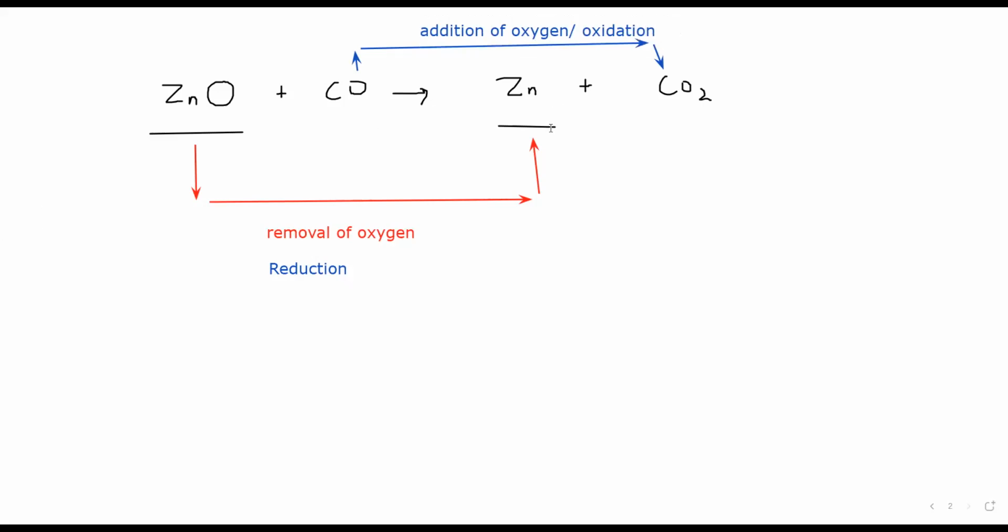So we can identify this reaction in terms of oxygen. It was easy because oxygen was given. Addition of oxygen is called oxidation, removal of oxygen is called reduction.